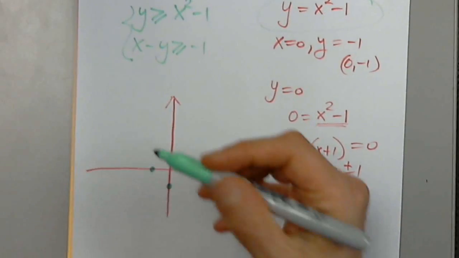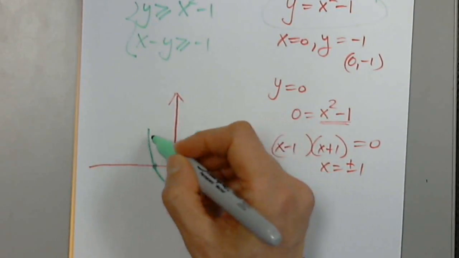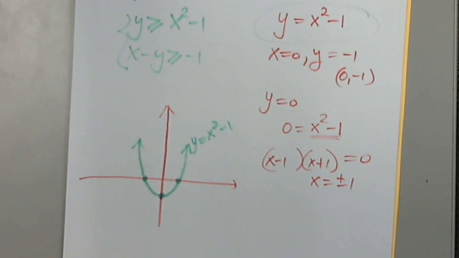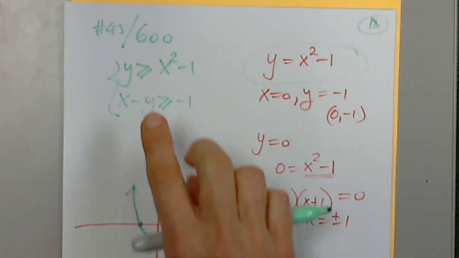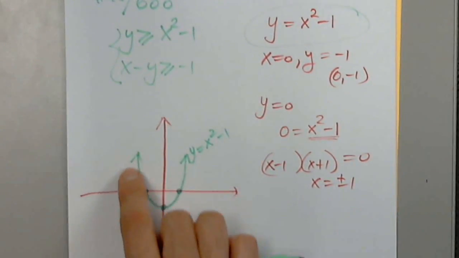That's it. That's all I have. Perfect. So this is y equals x squared minus 1. This is just the equation. I should have asked, I'm sorry, forgive me, is this a solid curve? Yes, because of the equal symbol, it's a solid curve.